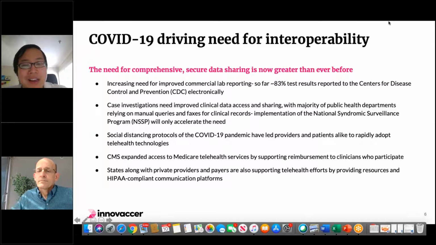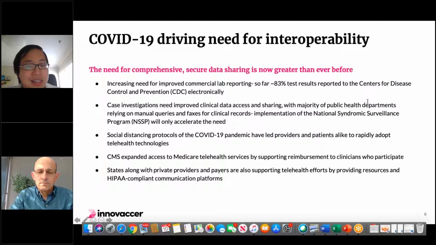I think some great examples are around how we transition lab results from where it's reported to the primary care physicians or to the hospital, how we share information up through the public health agencies and eventually rolling that into the CDC. There have been clear gaps in how that's been done, what standards are used to try to track those results. Interoperability is a clear need in that particular area.